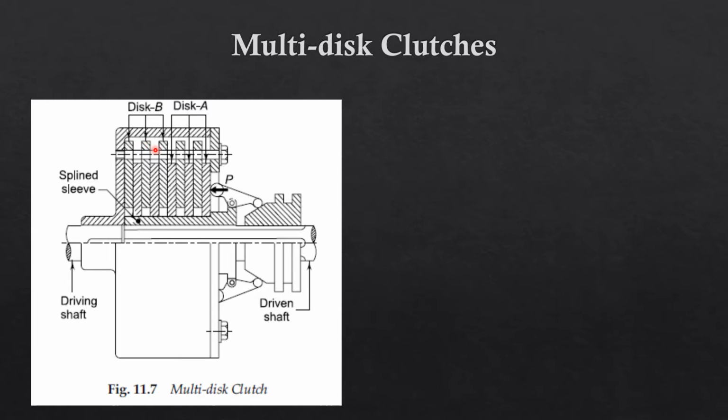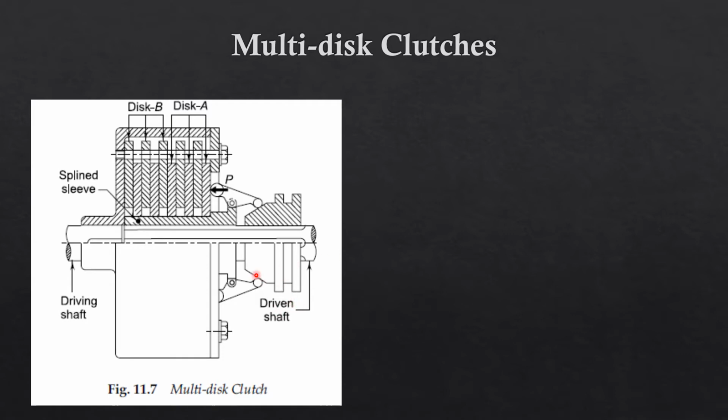Now when disc A, which are mounted on the driven shaft, are pressed against disc B, because of the friction, disc A will also turn, and since it is mounted on the driven shaft, the driven shaft will also rotate. That is how the power is transmitted.